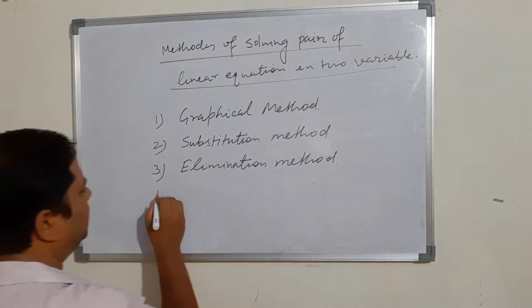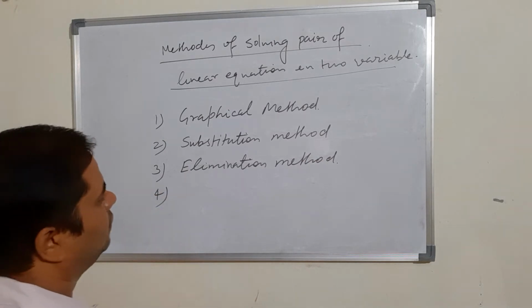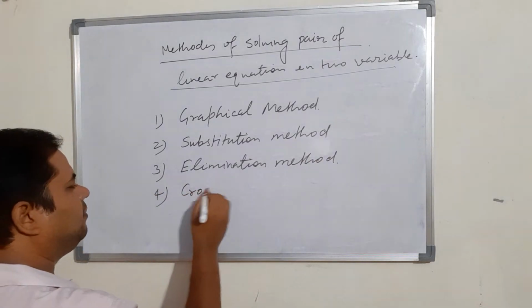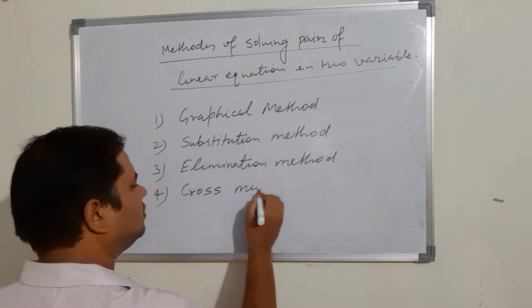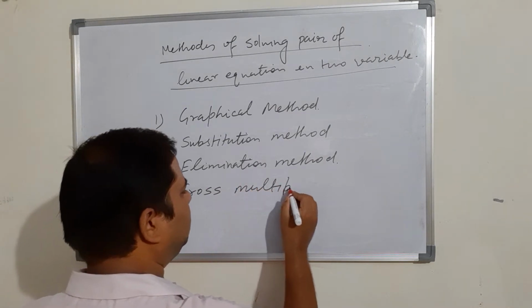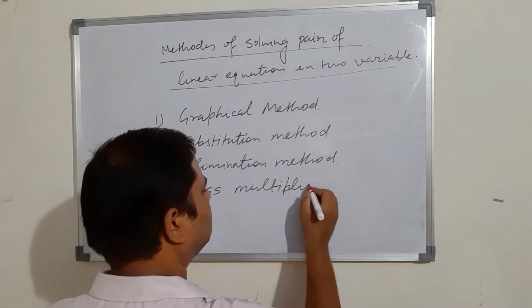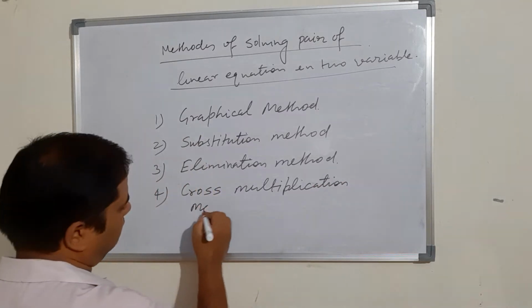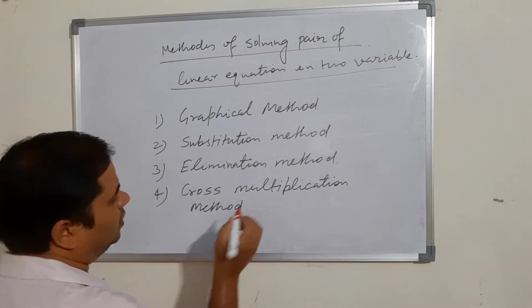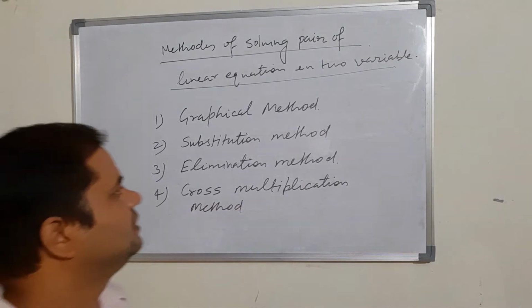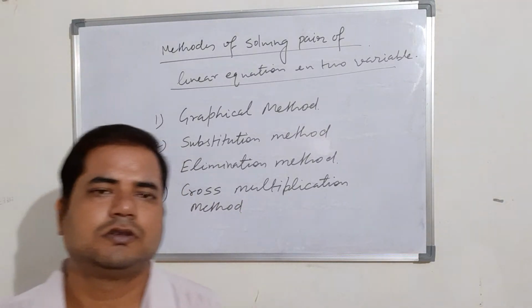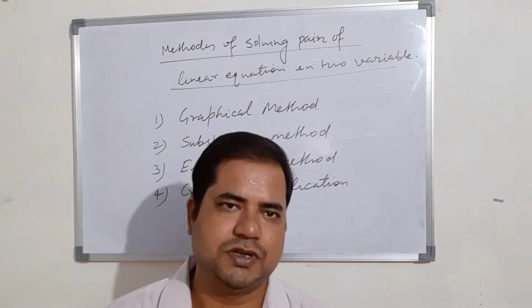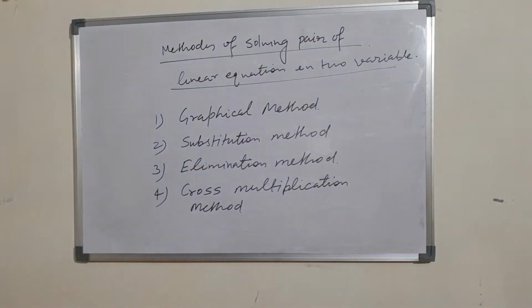And fourth one is cross multiplication method. So one by one we have to discuss this method of solving pair of linear equation. So let us see.